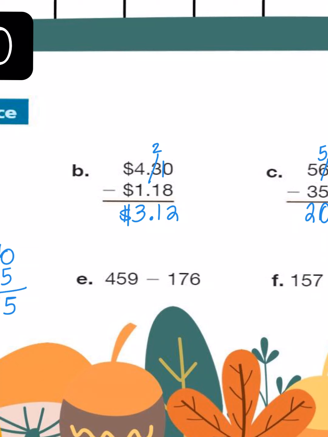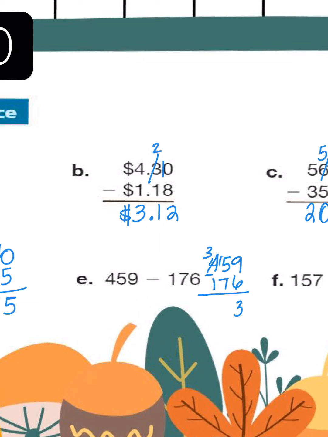All right. Next one. 459 minus 176. Walk me through it. So you have to put 459 over 176. Then the 9 minus 6 is 3, and then the 5 becomes a 15 by borrowing from the 4, and then make that a 3.